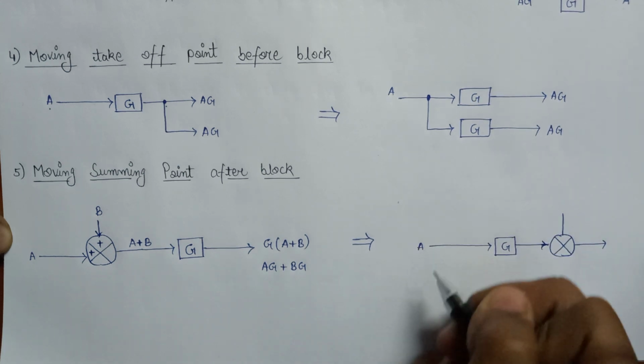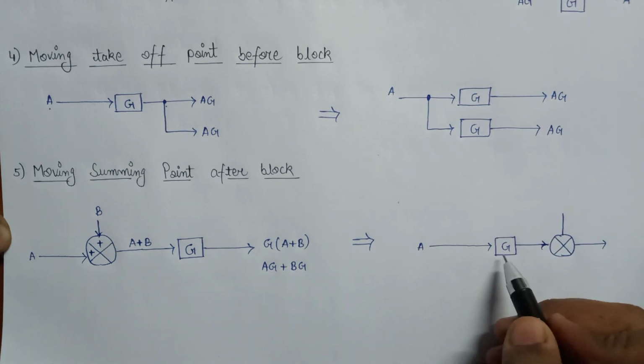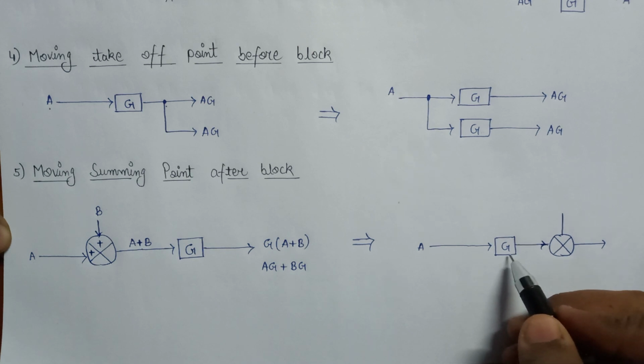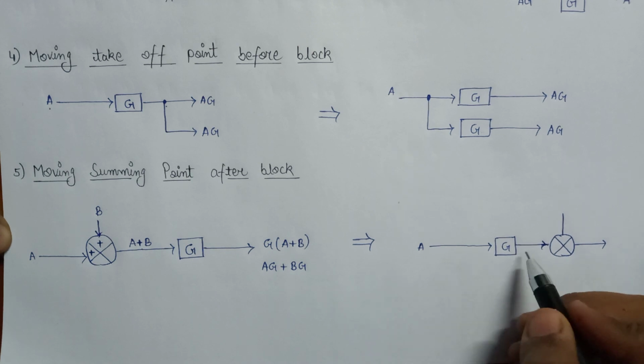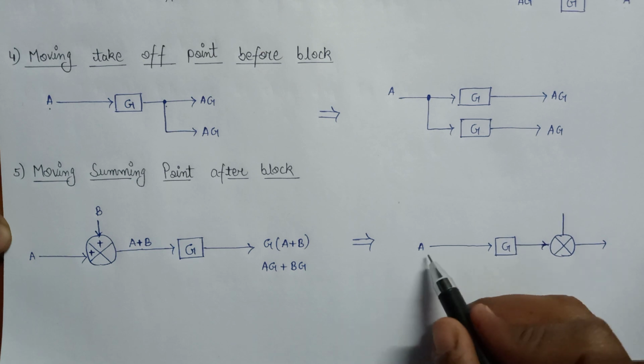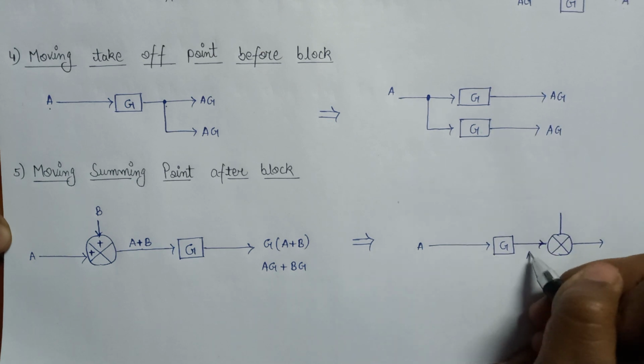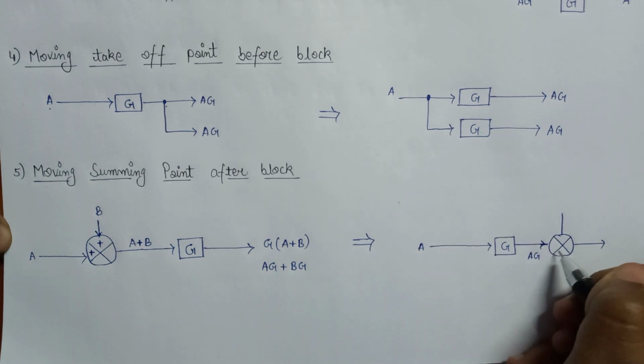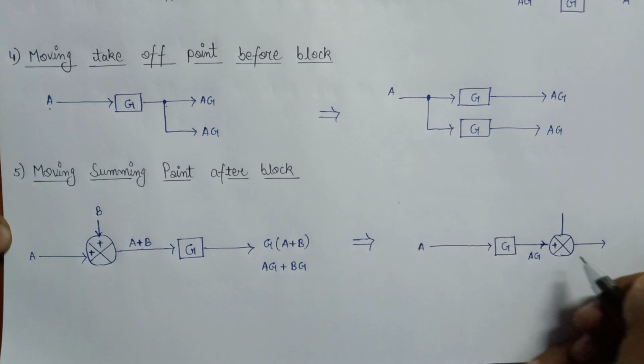Here is the A that is applied to a block having the gain G, and the multiplication of this block and the input will become AG having a positive polarity.